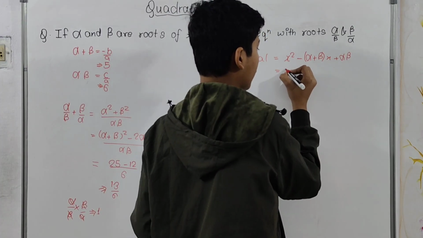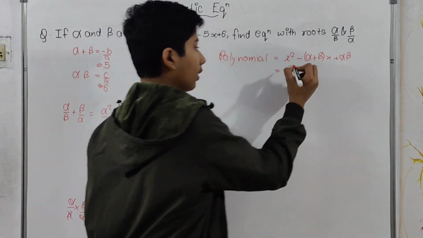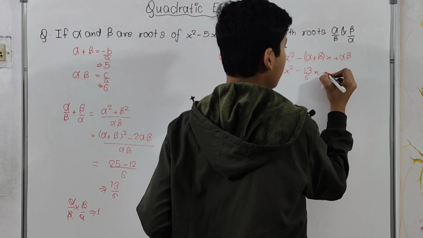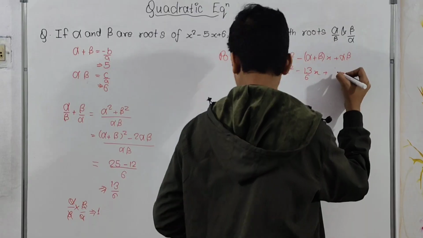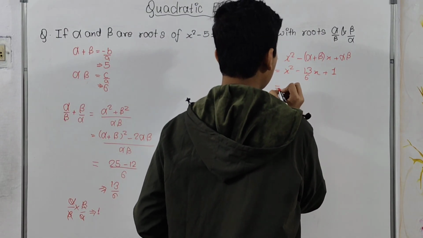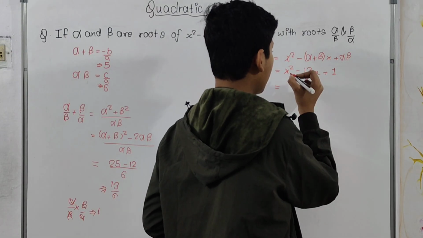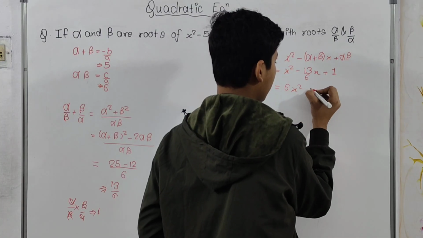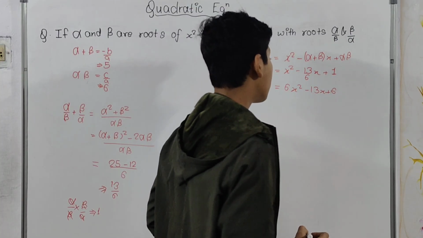So when we solve this we get x square minus 13 upon 6 into x plus alpha beta. Alpha beta is 1. When we multiply the whole equation with 6, we get 6x square minus 13x plus 6.